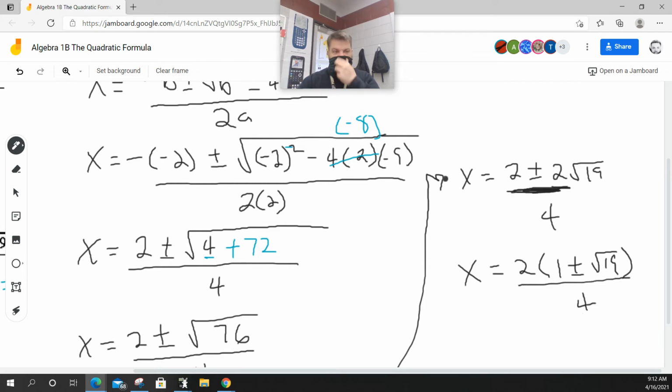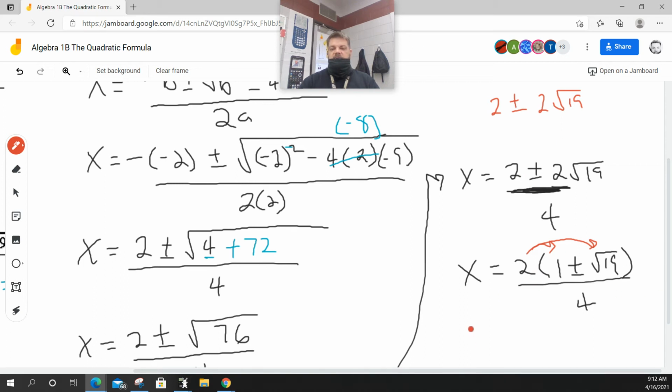Now, if you're wondering what Mr. Adams is doing, think about this. If I push this through, what's 2 times 1? 2. What's 2 times the square root of 19? 2 root 19. So I factored out a 2.